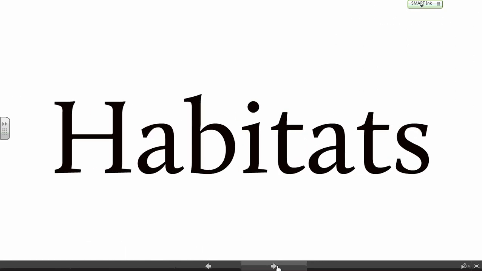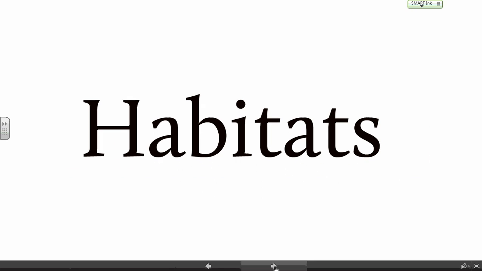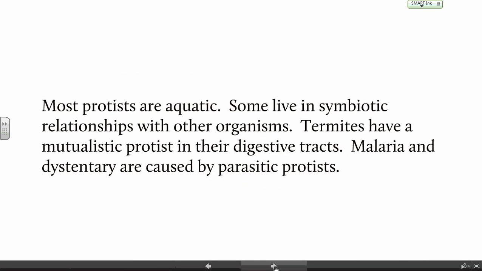So in terms of where you find them, most protists are aquatic. They live in the water. There are some, though, that live in symbiotic relationships with other organisms. For example, a termite. Termites obviously eat wood, right? What's wood mostly made out of?